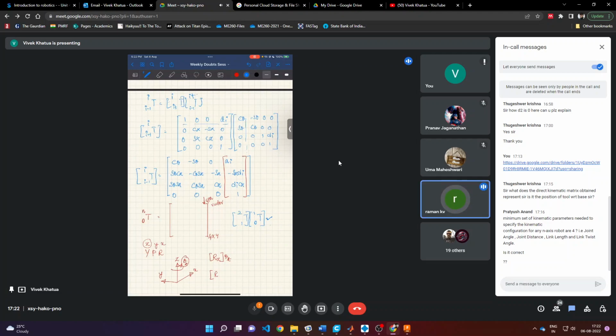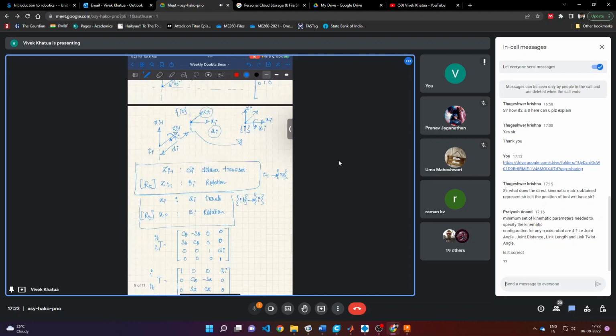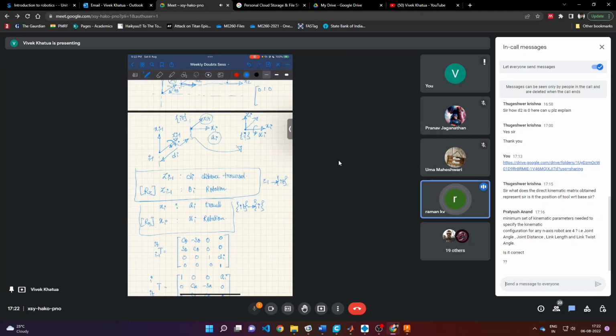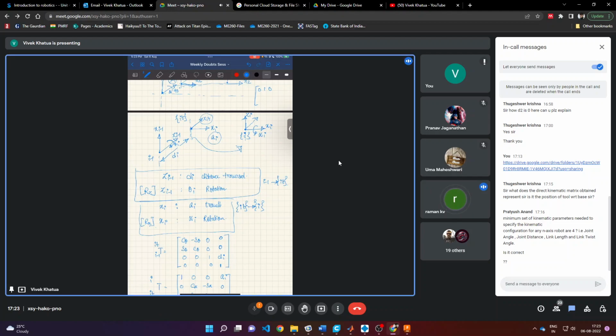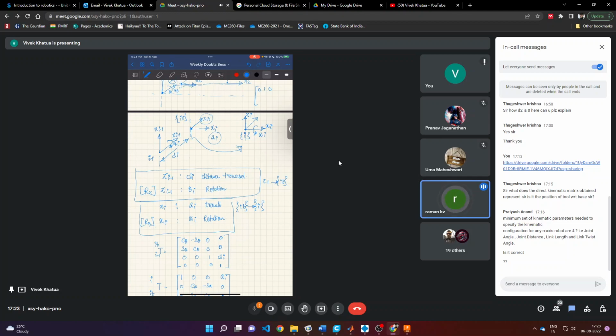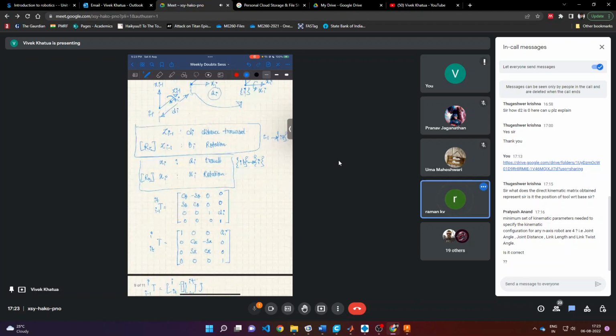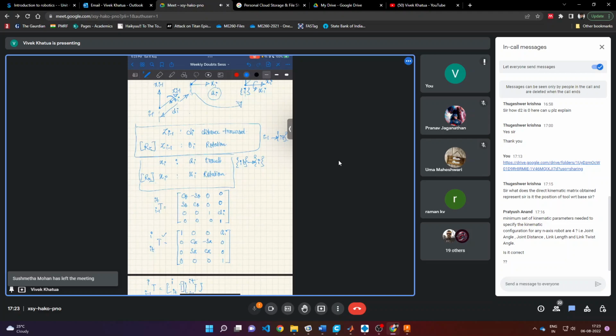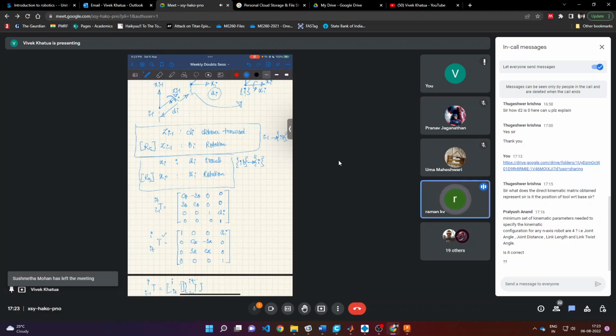Can you scroll over? Whatever we are seeing here is from the Ti frame to the i frame, so the transformation matrix is like Ti to i. What we found out is Ti minus 1 to i.